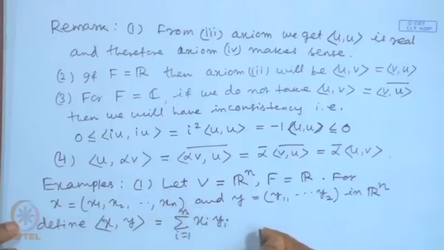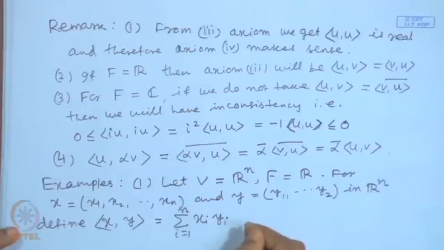In fact, this is the scalar product of two vectors in R n.